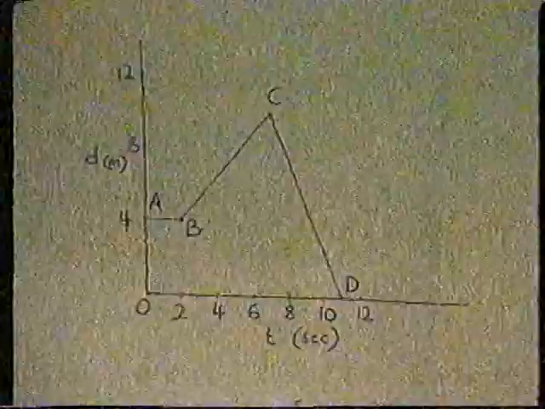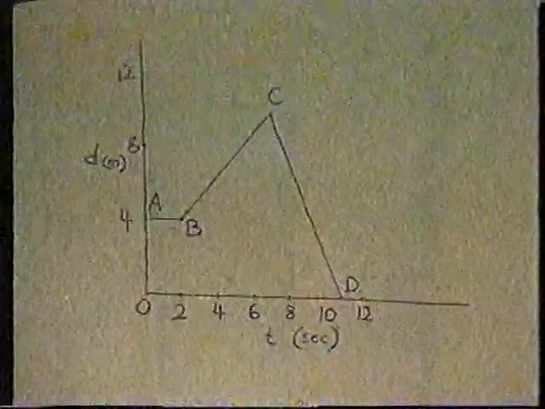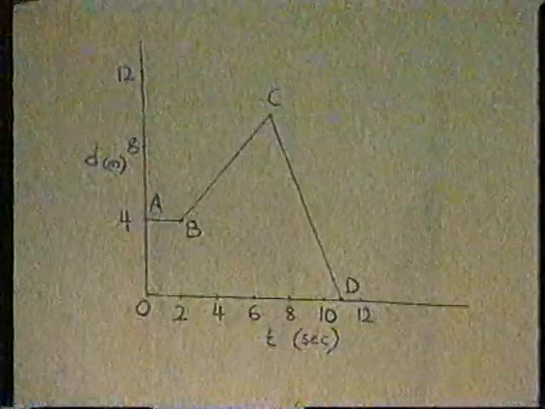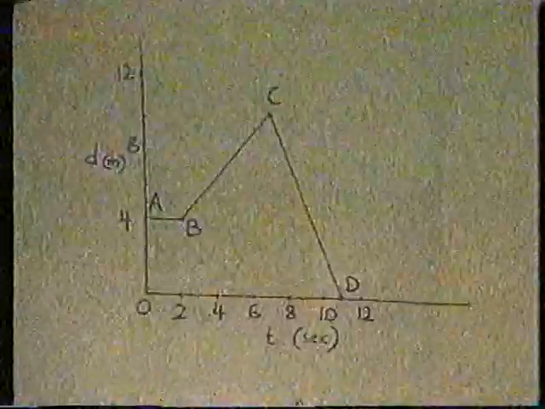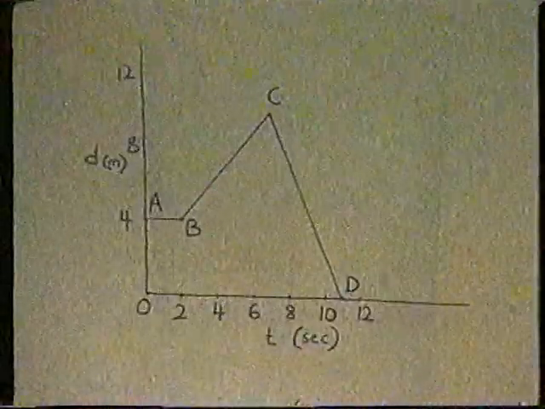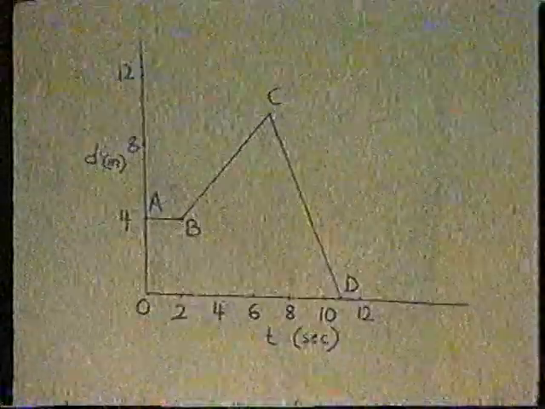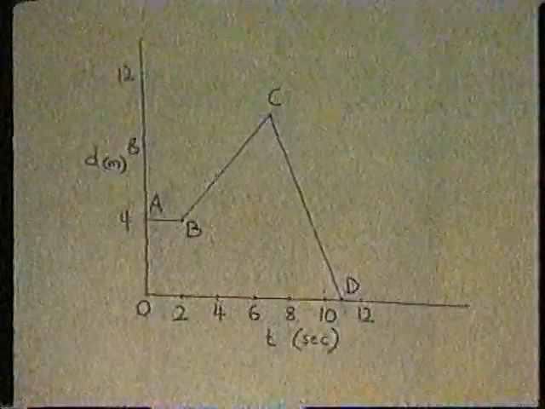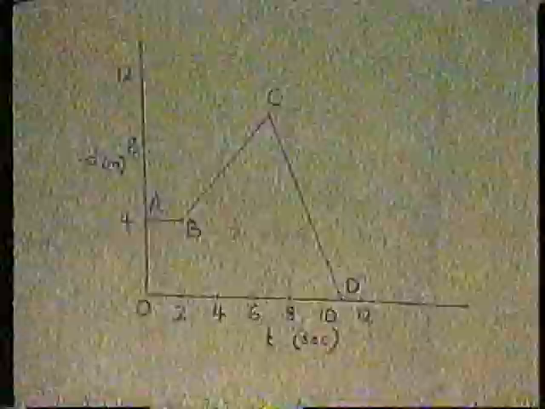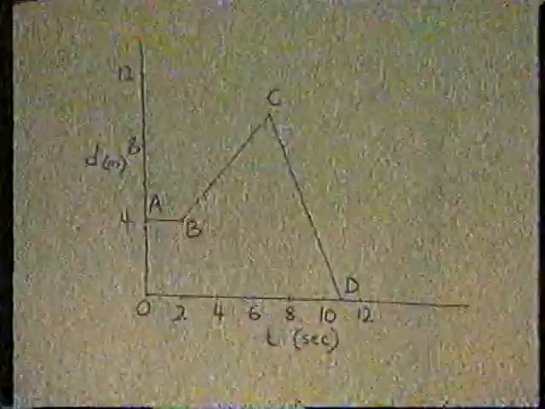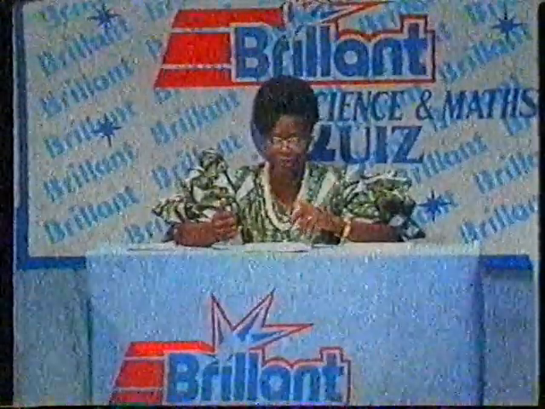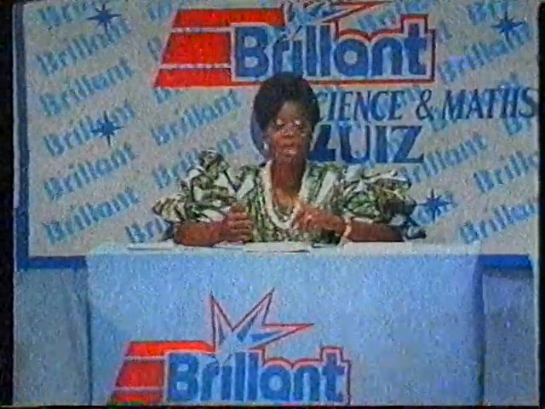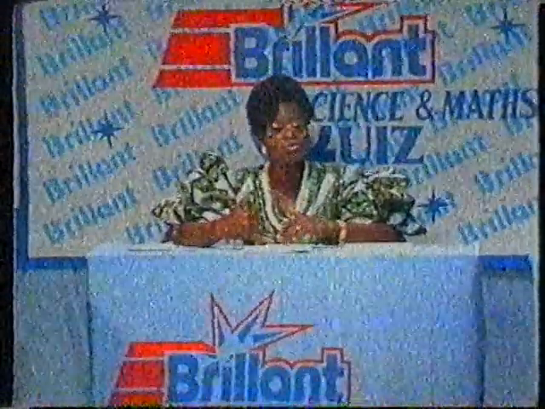Now when we go to B, the displacement and the average velocity during the interval B to C. Again, for displacement, we will see what the distance is and subtract what it was at B. So displacement at C minus that at B is 10 minus 4. So we'll get 6 meters for the displacement.